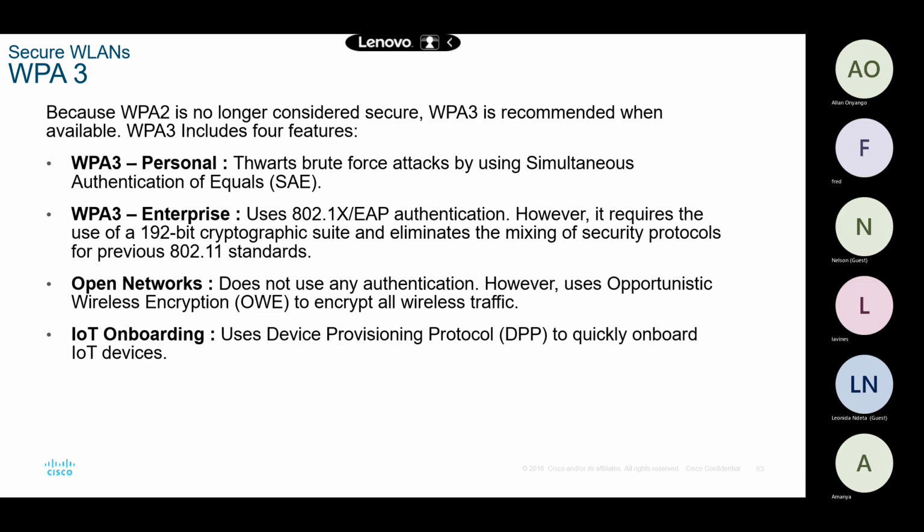And so having talked about wireless networks, we've talked about how it operates. We've talked about the components of a wireless network. We've talked about the different standards and channels that are available within a wireless network.